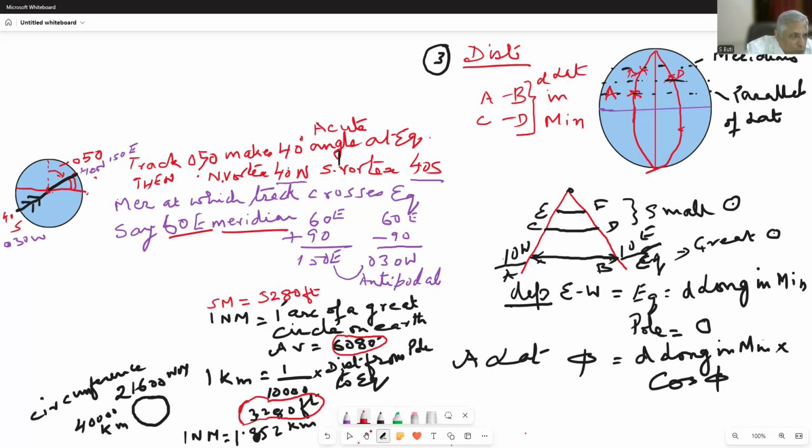To the left of this point will be the south vortex. Add 90 degrees to the right, 150 east. So this point will be 150 east. And the antipodal point of this, 30 west, will be the south vortex, or 60 degrees east minus 90 degrees will be 030 west, north and the south vortex.